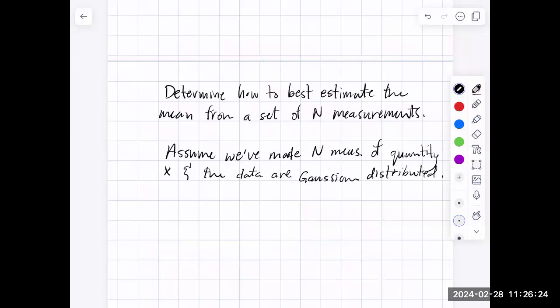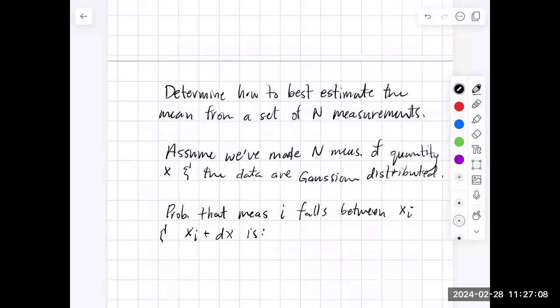Okay, so we know something about the Gaussian distribution, and so we can say something about the probability that measurement i, we're going to do a sequence of measurements x1, x2, x3, x4, so there's some measurement xi, falls between xi and xi plus dx. So we could ask the question, what is the probability that our measurement would fall in this range?